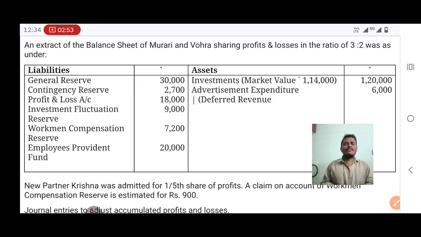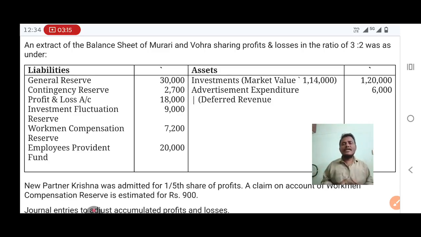But the current market value is showing only 1,14,000, which means the investments are under loss, lower than the book value. So there is a 6,000 rupees loss. This 6,000 has to be supported from this investment fluctuation reserve.